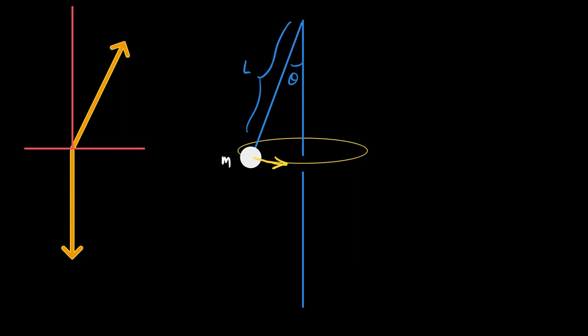My next step would be to take any off-axis forces and break them up into components. So I'll have a portion of the tension upwards and a portion of the tension sideways. Nothing odd here, correct? Stuff we've done before.